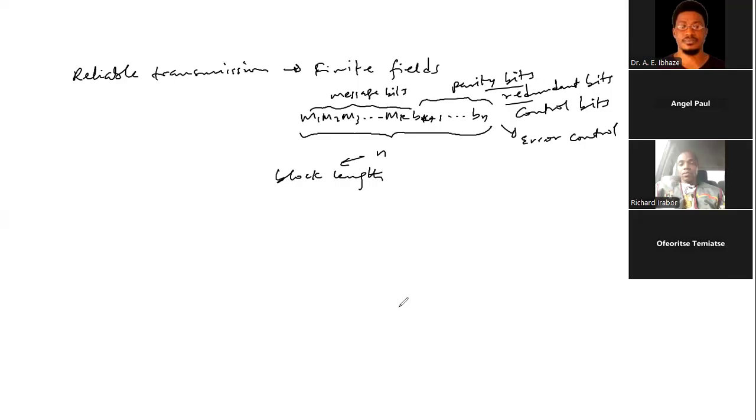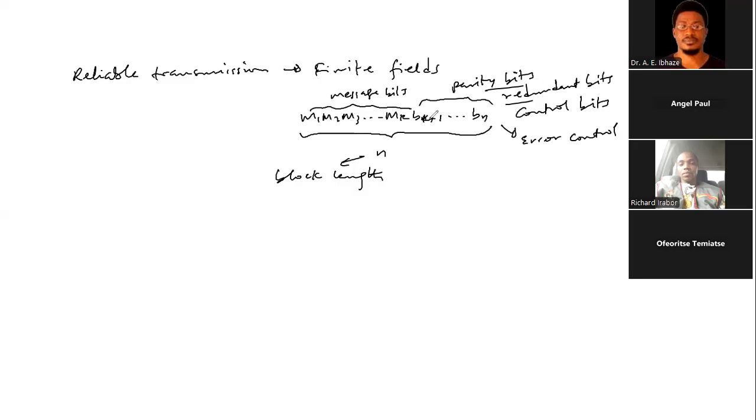Please, sir, can you take that again? I didn't get that. Okay, what exactly didn't you get? On the finite elements. Okay, now these are the elements, right? M1, M2, M3, MK. Here we assume that these are the message bits that contain the information.